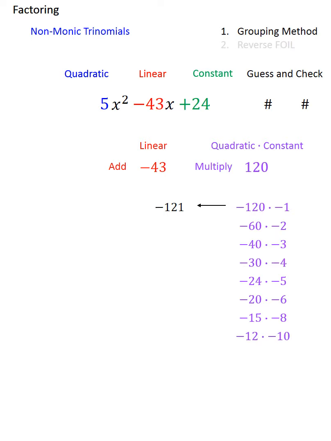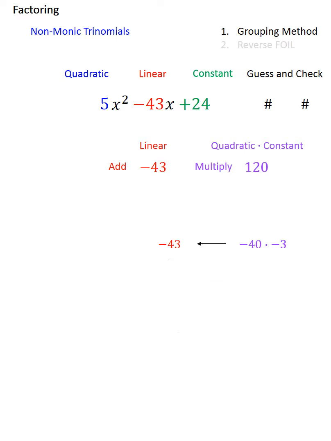So to check, I add those, I add those, I add those, add those, add. Okay, I've added them all up, and what should be jumping out at you right now is the negative 43 that I was looking for.